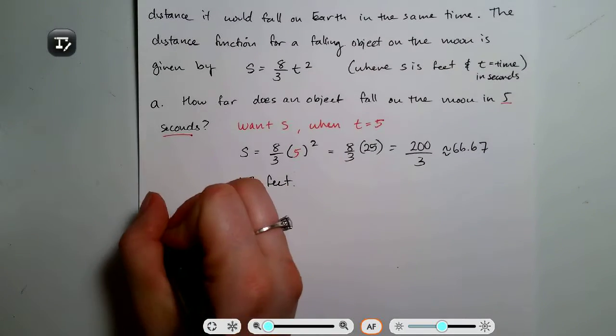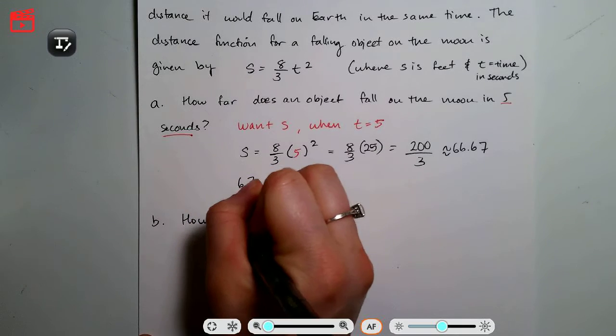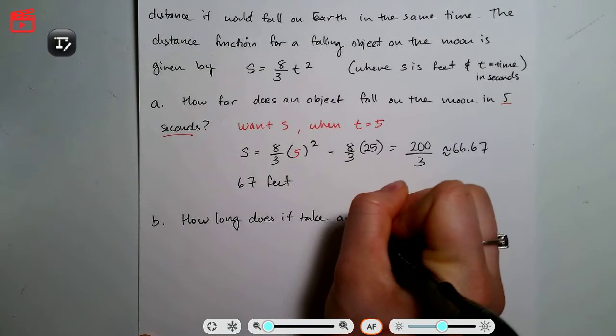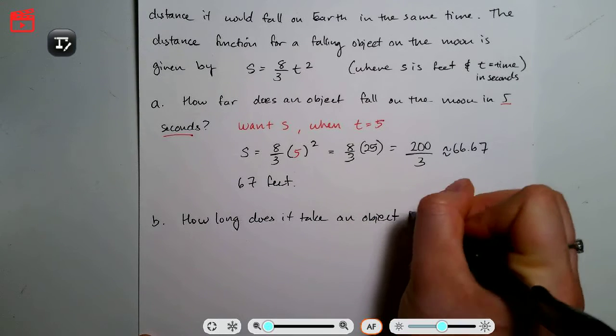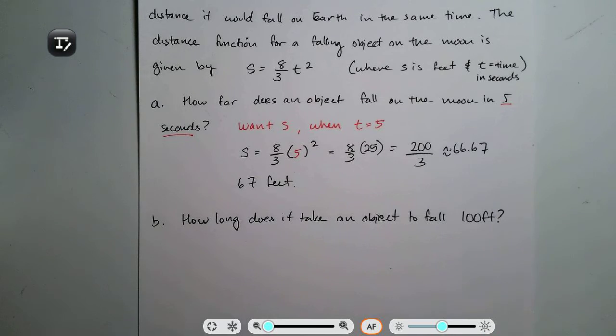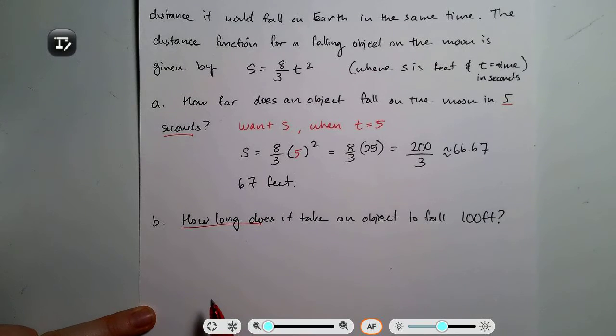Okay, part B, the last part. How long does it take an object to fall 100 feet? So this time, what do we want to know? We want to know how long. Long is in terms of time.